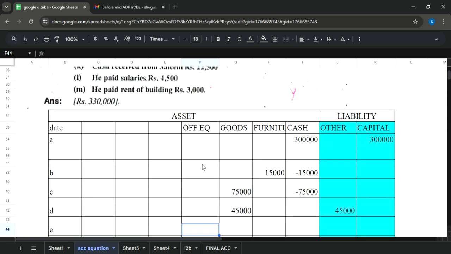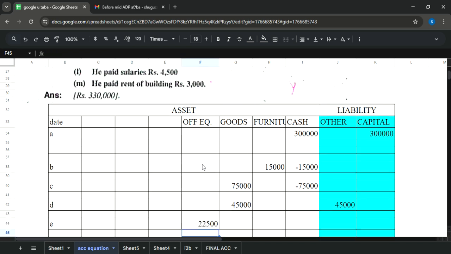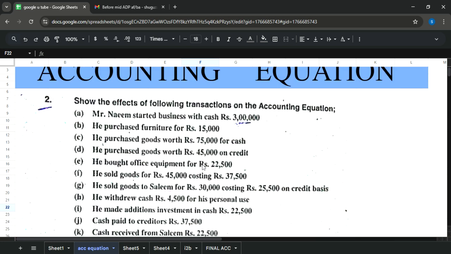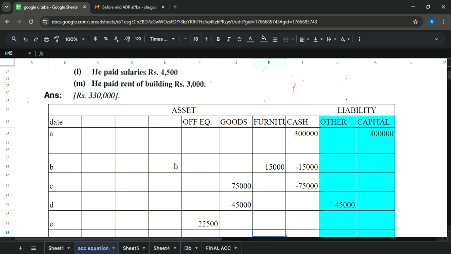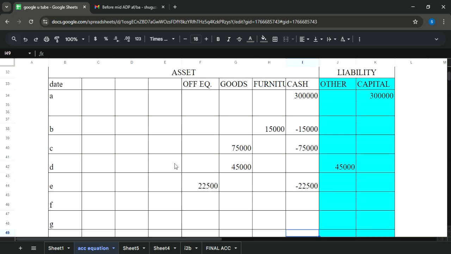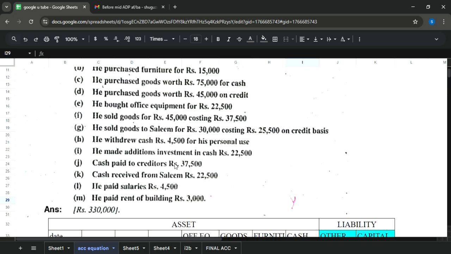It means there is an increase in your asset which is office equipment. So plus sign 22,500. Beside this, when you buy office equipment, cash will go out. Cash is your asset. There is a decrease in the asset of cash by 22,500. So E entry is completed.